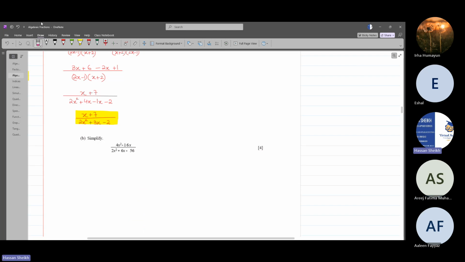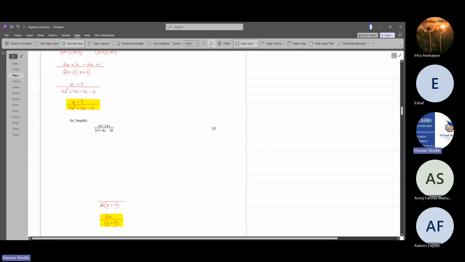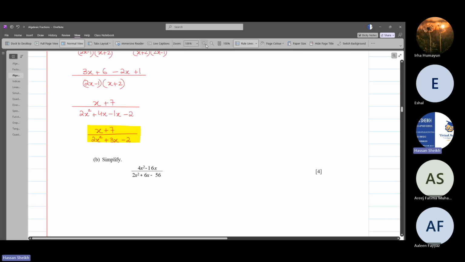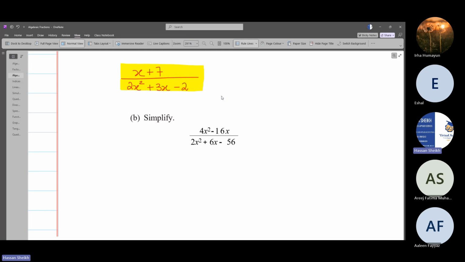Arij, listen, how do we identify whether the equation is linear or quadratic? Remember that the maximum power of the variable, if it is one, it is a linear equation. And if the maximum power of the variable is two, it will be a quadratic equation. We have three methods to solve quadratic equations. Number one, factorization, which is also called middle term break method.